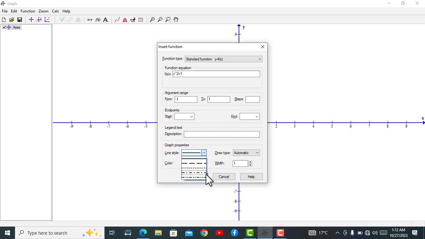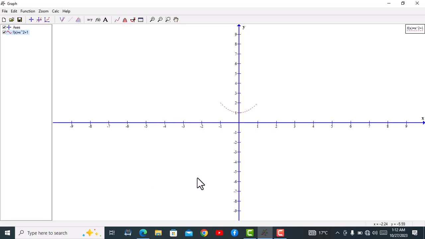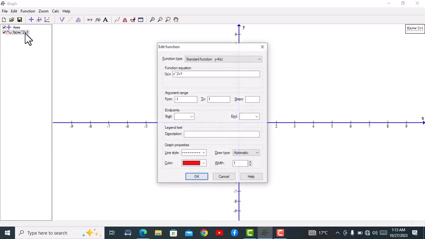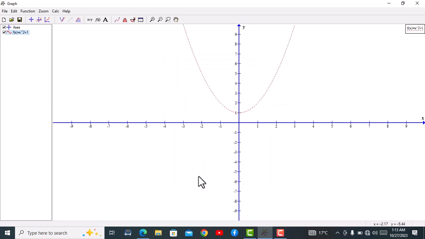Let's just try to use this one, and let's just draw the graph. There it is, but it's not as pleasing as we would want. So let's increase the interval. Let's say -25 to +25, and let's see if there will be changes. Of course there it is.